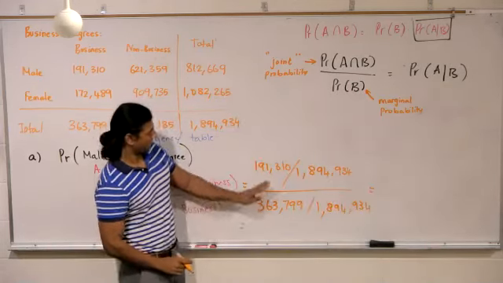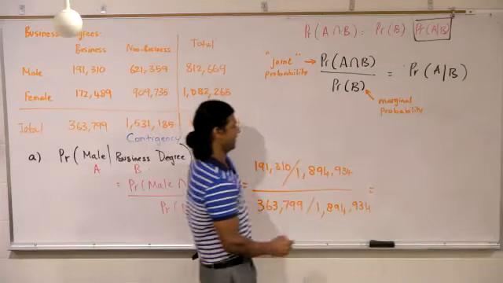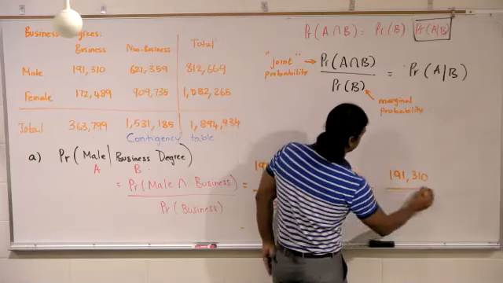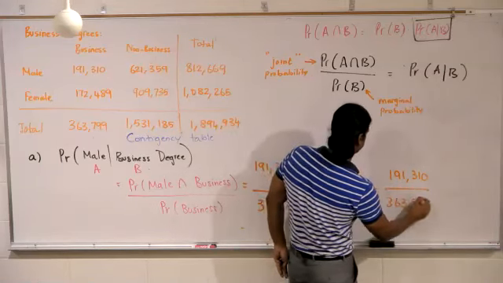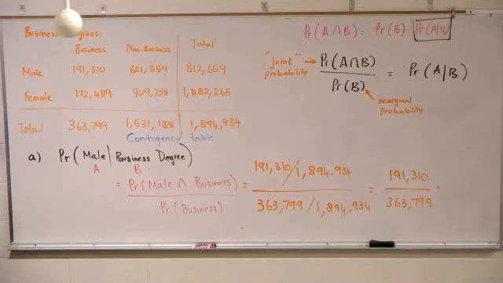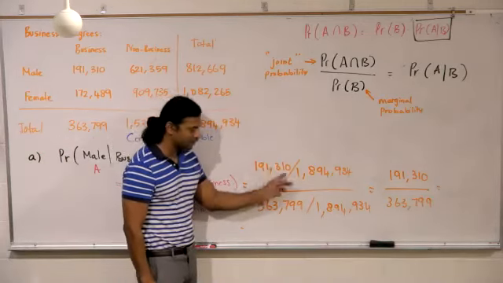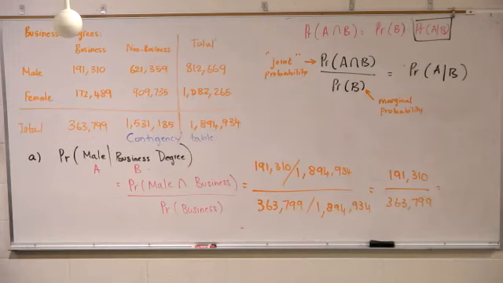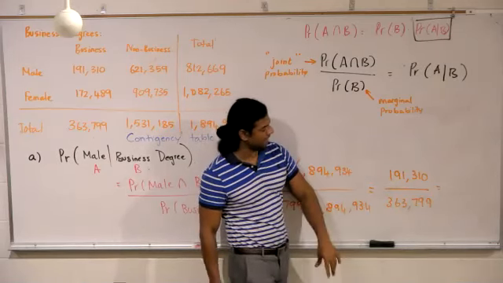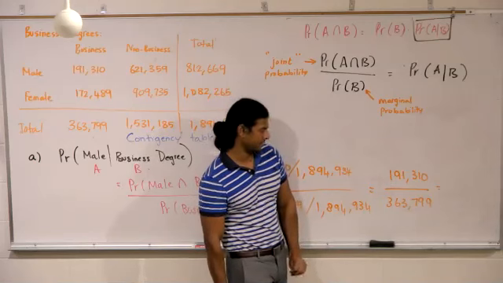If you flip and multiply, you would get 199,310 divided by 363,799. Good. Again, algebra, I'm not going to get into how to do this. You should know this by now. So the final probability is 191,310 divided by that. What is the decimal value?